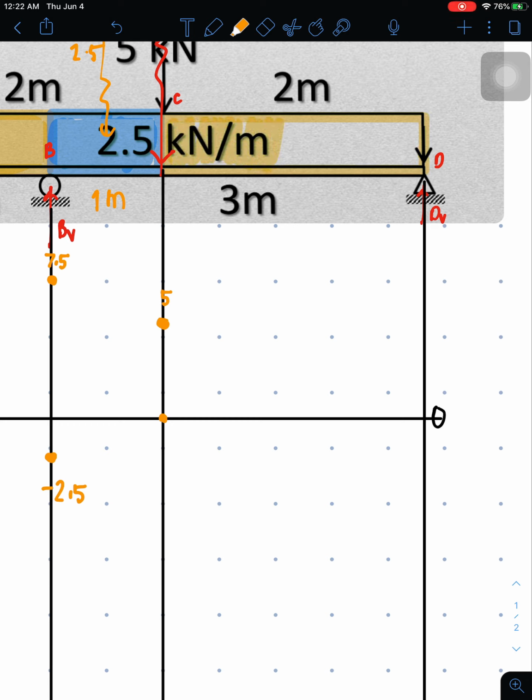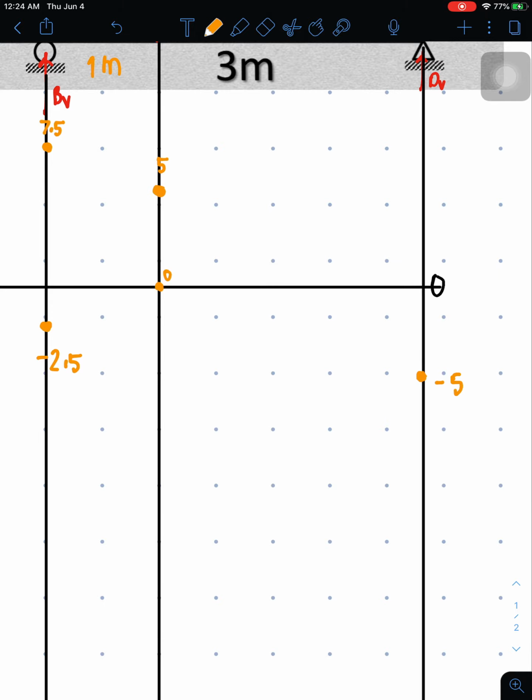So 0 minus 5. By the way, you subtract because the direction is downward. So it's 0 minus 5. Therefore, that is negative 5, diba? Atong isuwat ang negative 5. So I'll call this as the location of the negative 5.